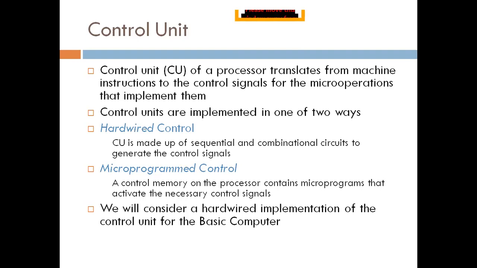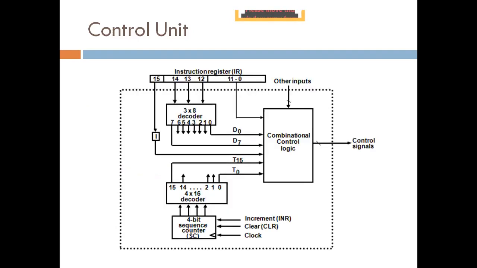The first one is hardwired control and the second one is microprogram control. The control unit is made up of sequential and combinational circuits to generate the control signals. In microprogram control, a control memory on the processor contains the microprogram that activates the necessary control signals. So we are going to discuss the hardwired control of the control unit.